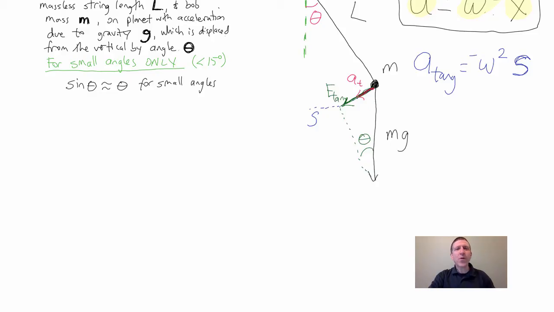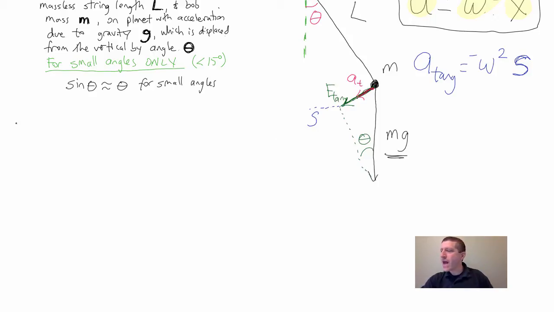So my restoring tangential force, F tangential, is equal to what? Well, here's mg, the force of gravity. What is the tangential component of that? Well, mg is the hypotenuse. This is angle theta.